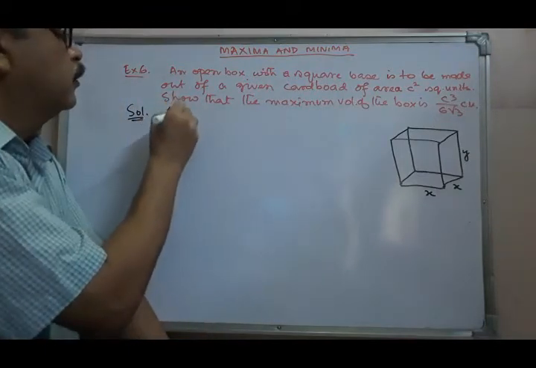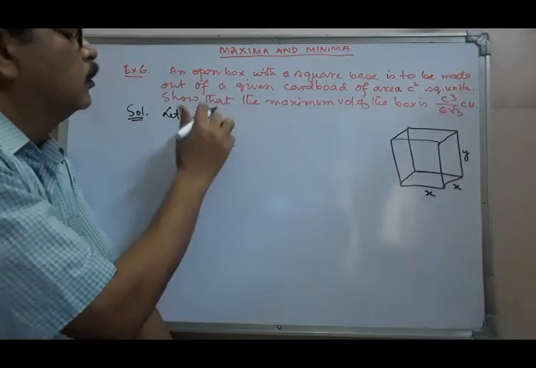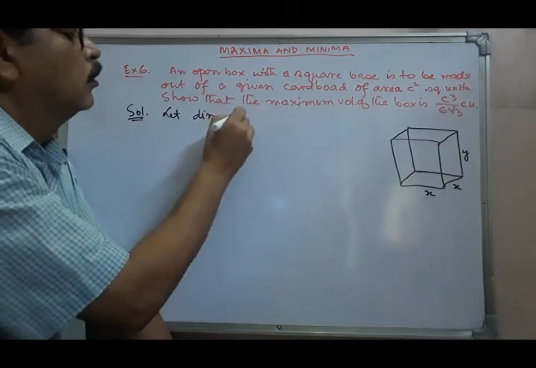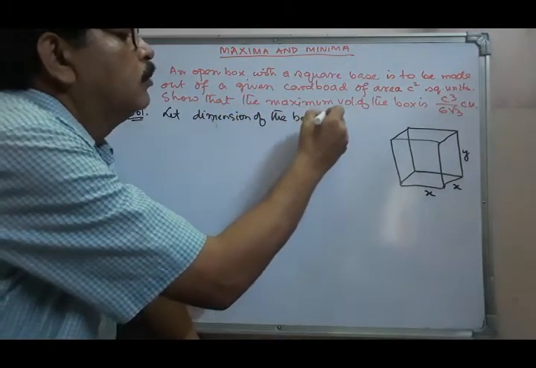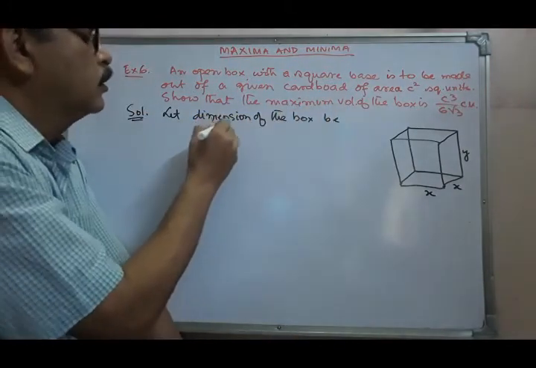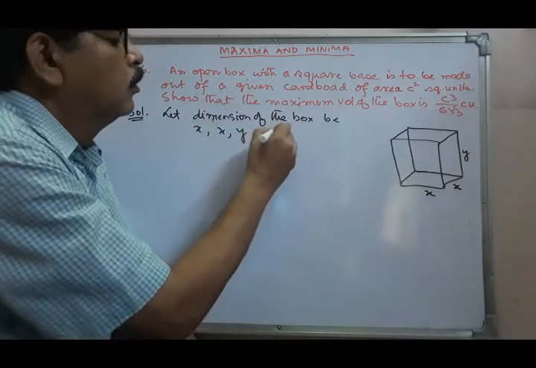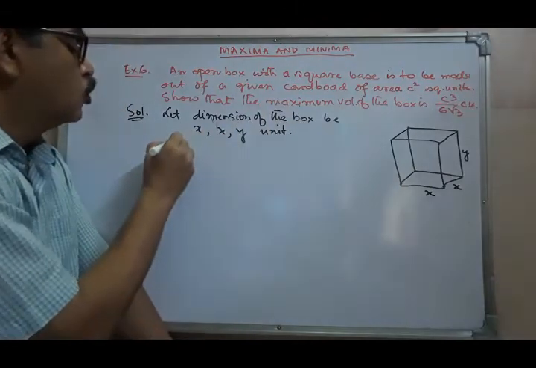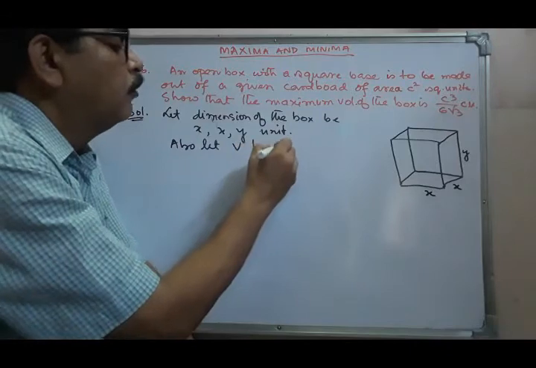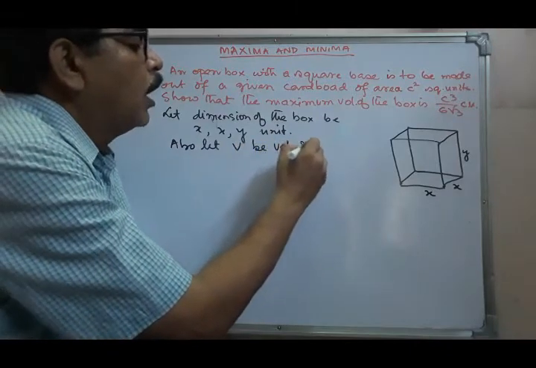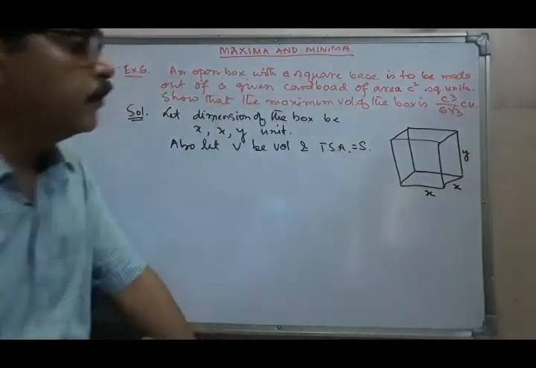Let dimension of the box be x, y unit. Also let V be the volume and total surface area equal to S.